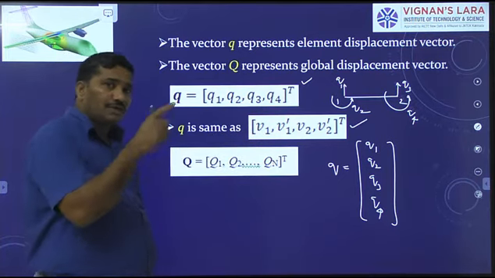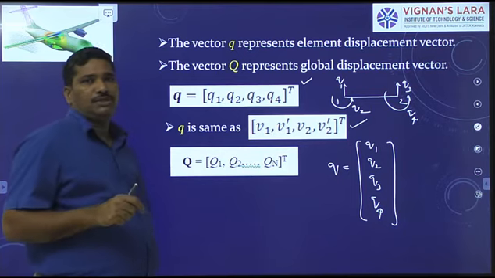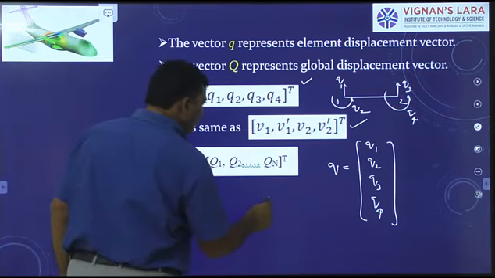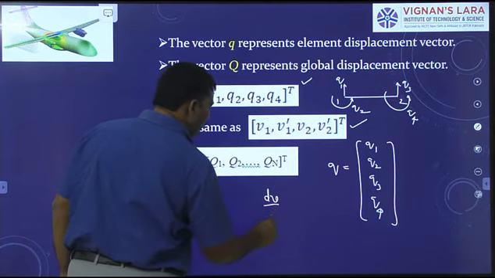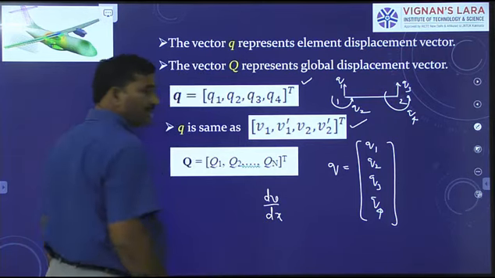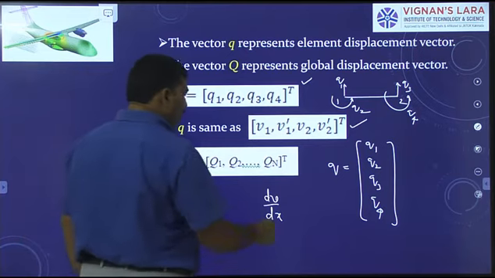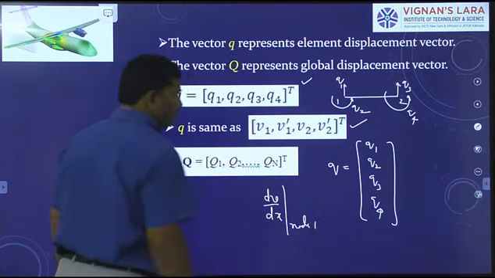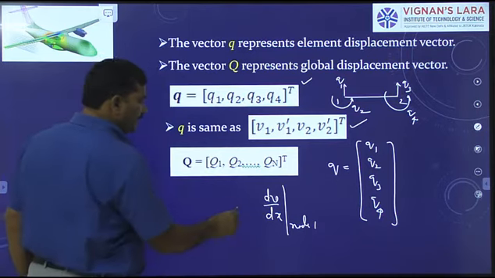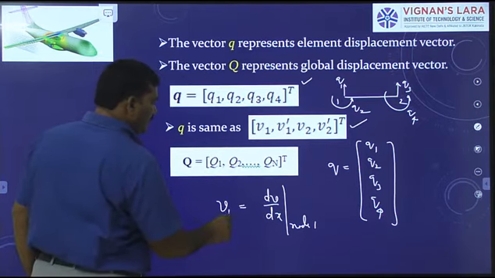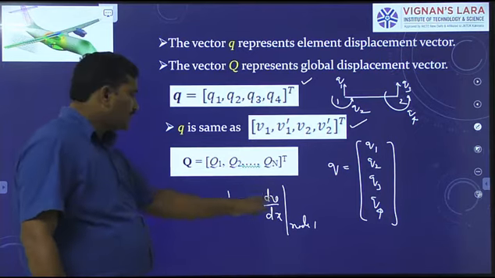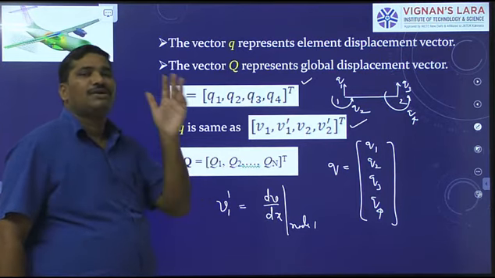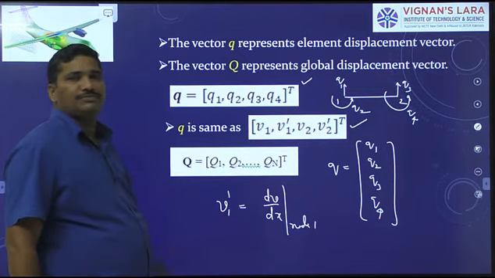What is Q2? It is the slope at node 2. The slope, how do you determine it? It is simply the first derivative of the beam deflection, that is dv by dx. Okay? At node 1, remember, at node 1. Therefore, I say this is V1 dash. Now we get this dv by dx at x equal to x1, you get V1 dash.